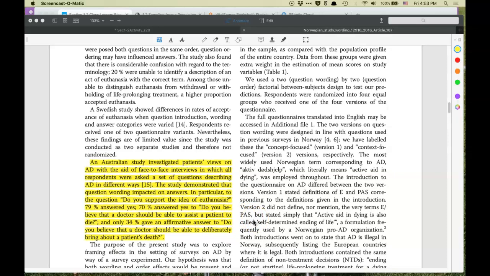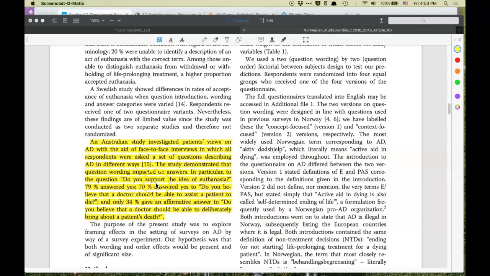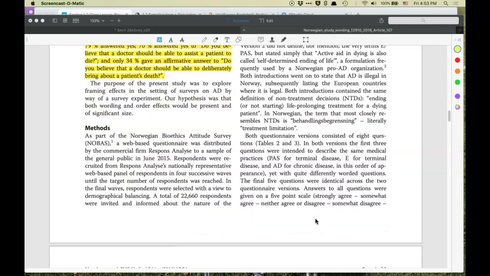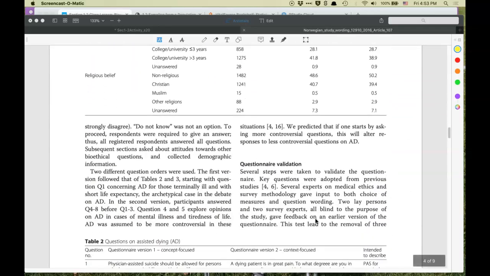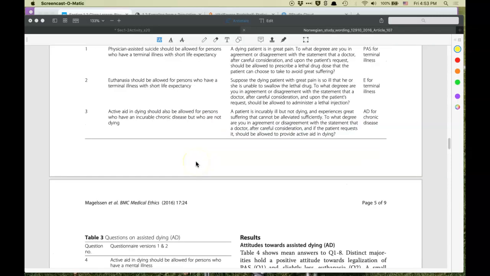So there are a couple different ways in which this is asked. Also they asked, do you believe that a doctor should be able to deliberately bring about a patient's death? So depending on how the question is phrased, these first 2 are quite similar in terms of the response. The Norwegian study, you can take a look at the details. Here's a little bit of a summary of the basic essence of it, the questionnaire versions.